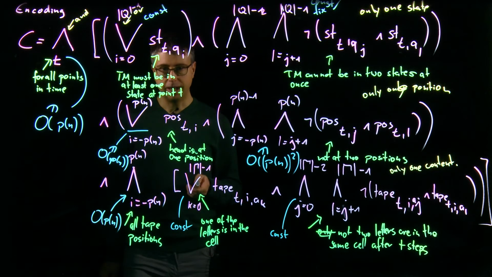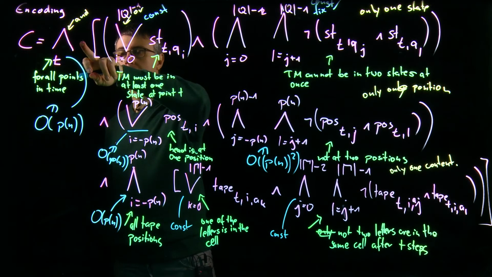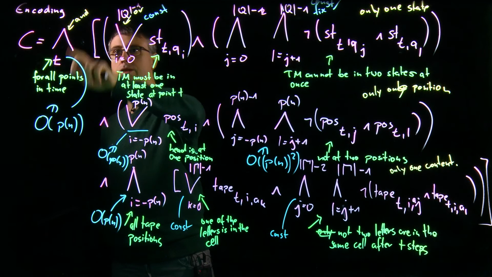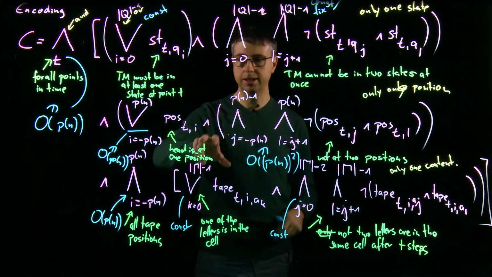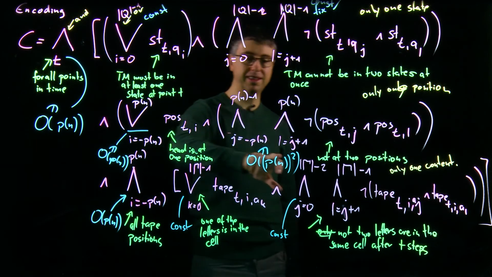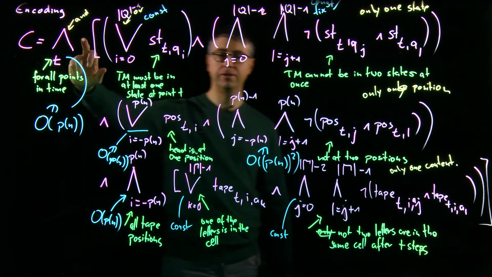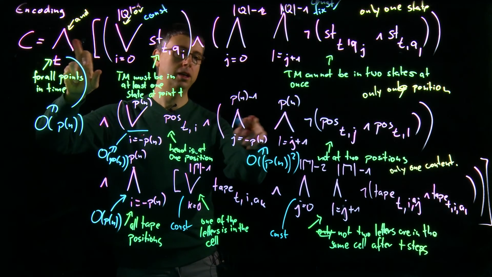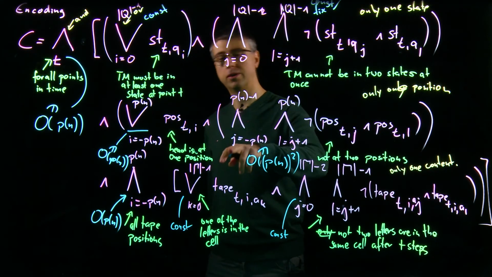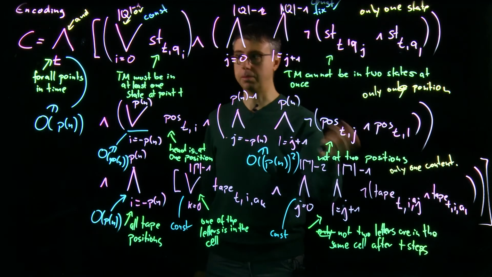Okay, now we have to summarize. This AND operator goes from 0 to p of n. This one here is something constant. This is something in p of n, but this is in p of n square, and it's inside this one. So the important part is we have 3 nested conjunctions. Each of these conjunctions goes from more or less 0 to p of n, or a multiple of it.